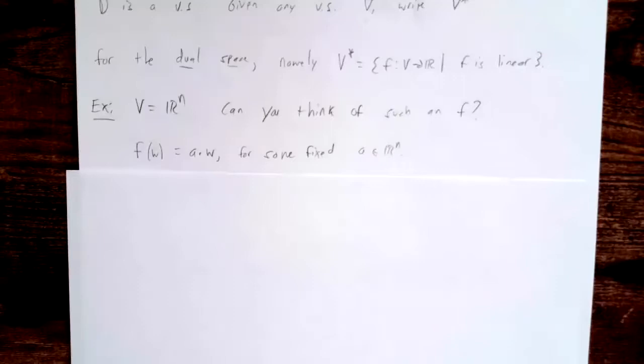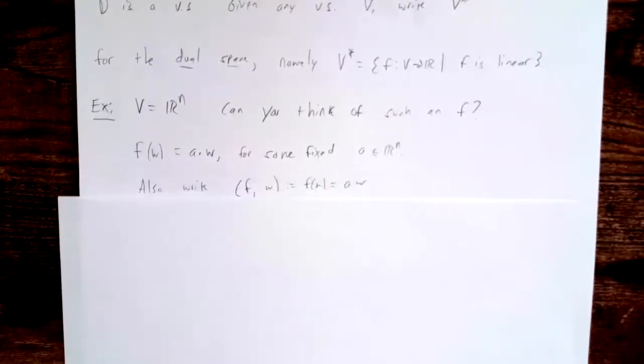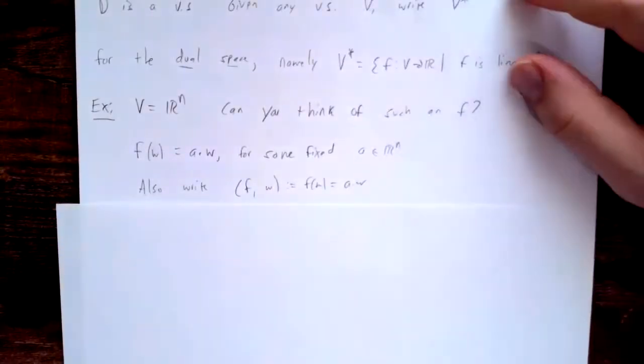And this is going to let you identify the dual space, in fact, with Rn. So in some sense, Rn star is equal to Rn, but you have to identify the function that takes an input W and gives you the dot product with A, you have to identify that function with vector A. Next I'll introduce some notation.